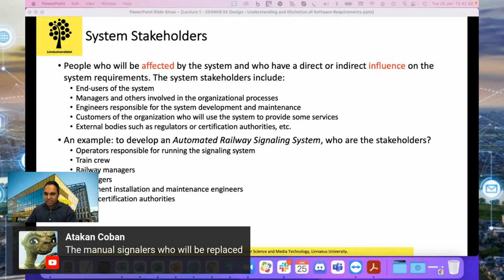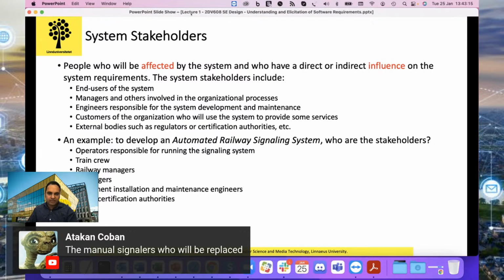Also, yes, someone mentioned the manual signalers who will be replaced. So there can be many more, and all of these stakeholders might have their own requirements. If you are developing an overall system to manage your railway signaling, you should not forget even a small stakeholder, because you might miss some critical requirements.